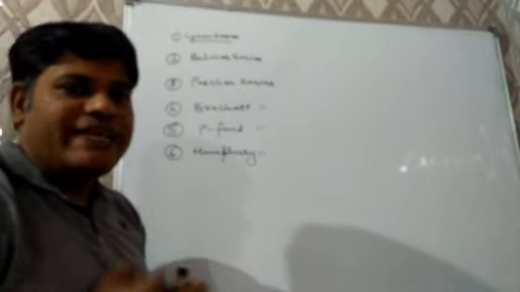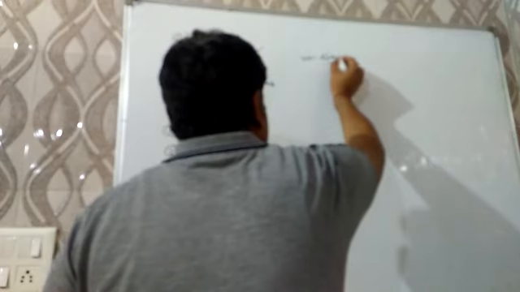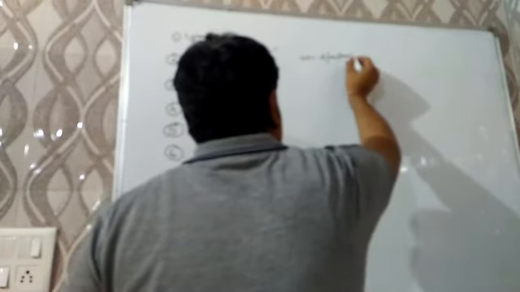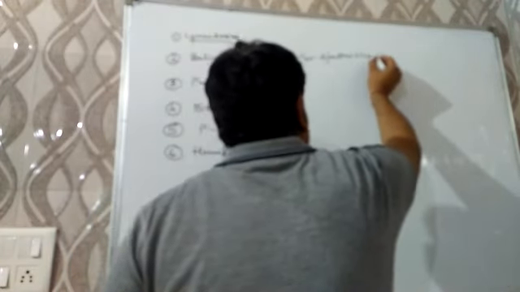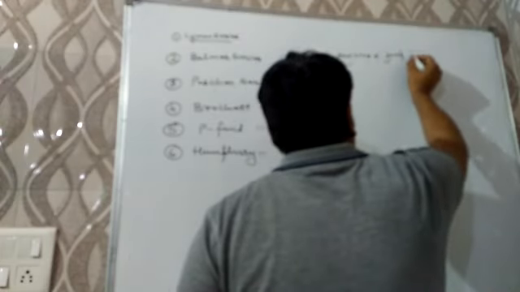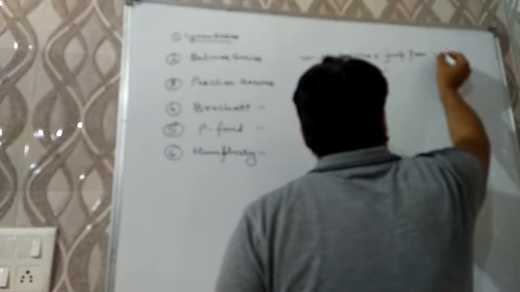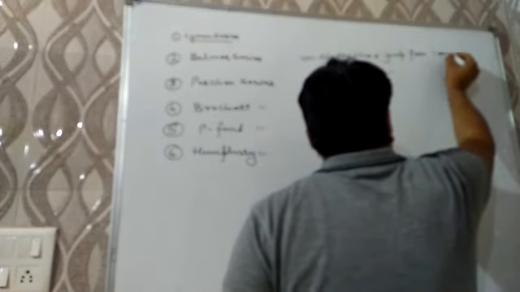Now, for objective questions, I am going to explain these. Questions may be there: how many spectral lines are obtained when electrons jump from one energy level to another energy level?